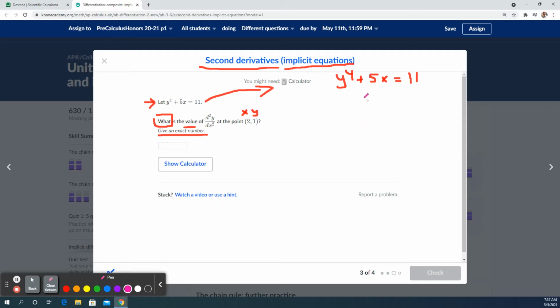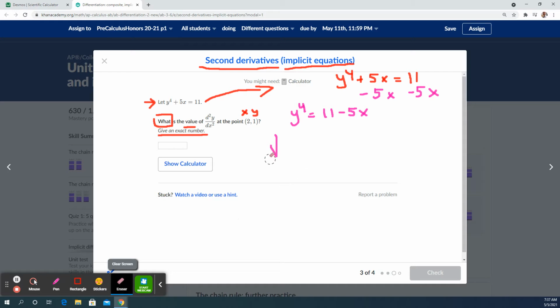I'm going to go ahead and subtract 5x from both sides. y to the fourth is equal to 11 minus 5x. Now take the fourth root of both sides. The fourth root is the same thing as the 1/4 power, and since we're in calculus, it's going to be easier that way.